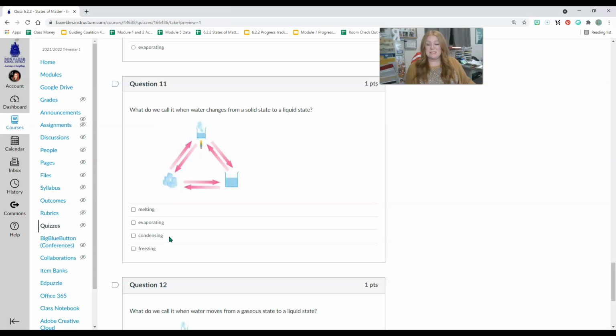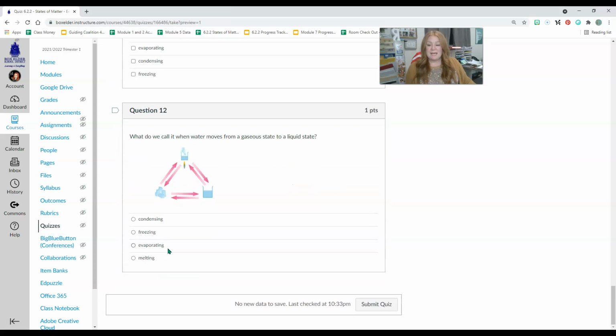Melting, evaporating, condensing, freezing. And number 12, what do we call it when water moves from a gaseous state to a liquid? Is that condensing, freezing, evaporating, or melting?